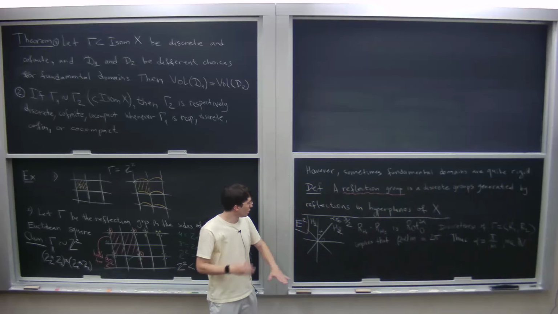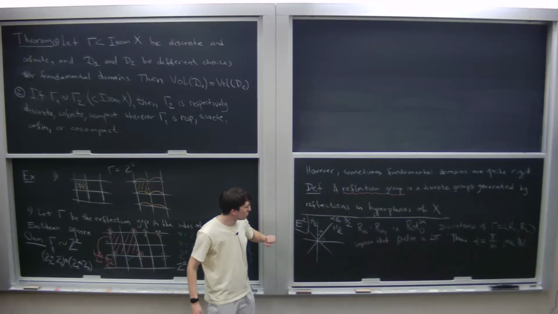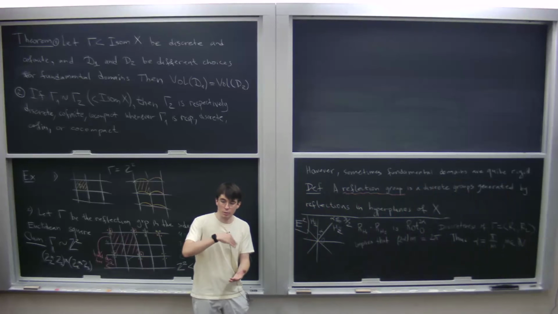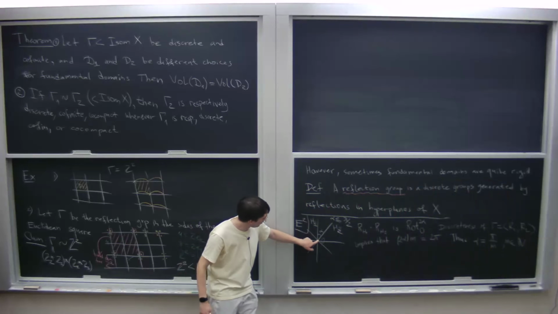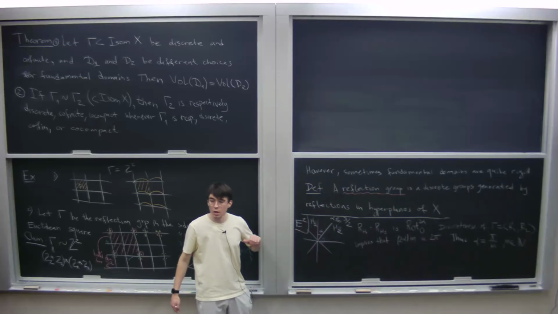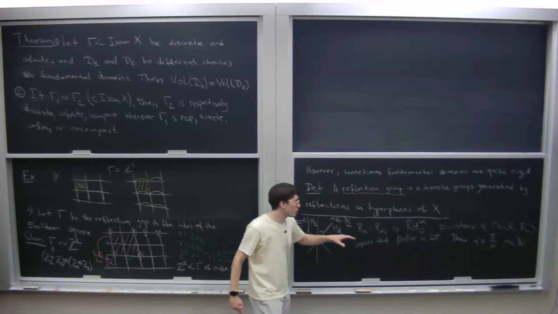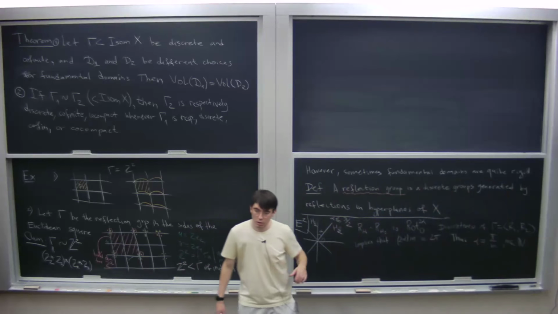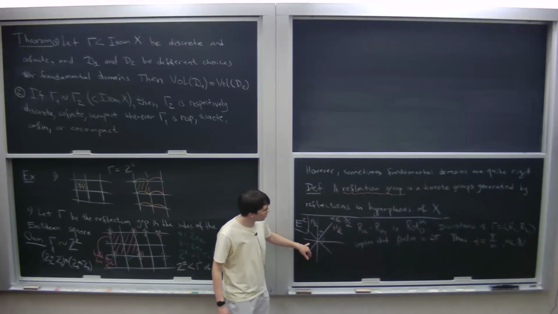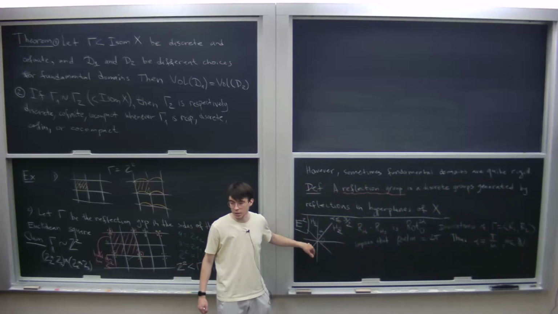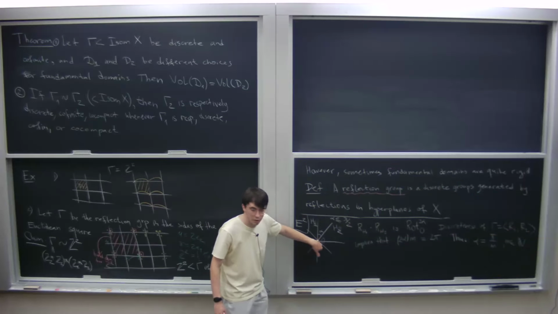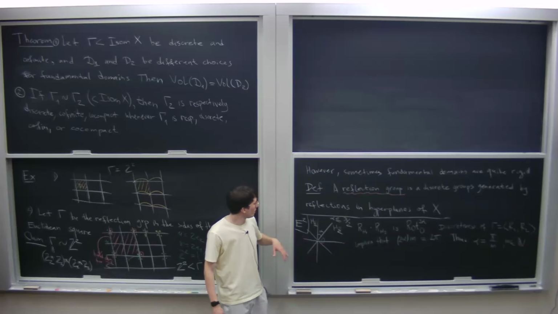Generally, in higher dimensions, we will have rotations around some codimension 2 plane, which is the intersection of H1 and H2. The group generated by R1 and R2 will give us the so-called dihedral group. It's a finite group which will preserve the codimension 2 plane.